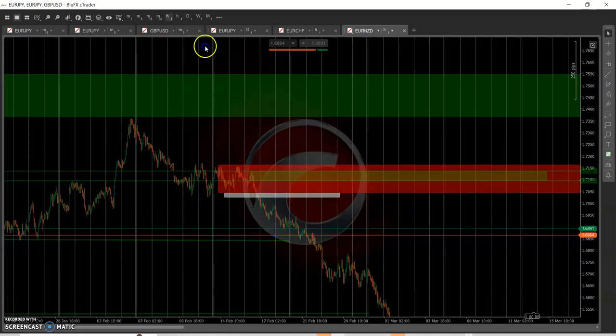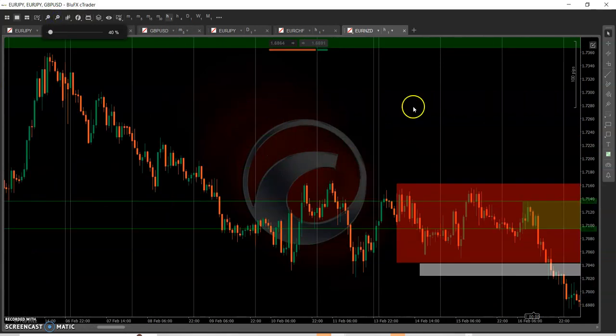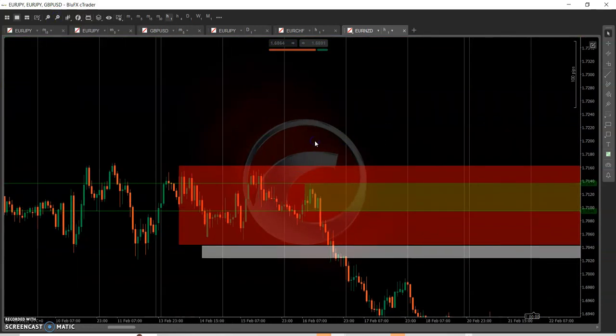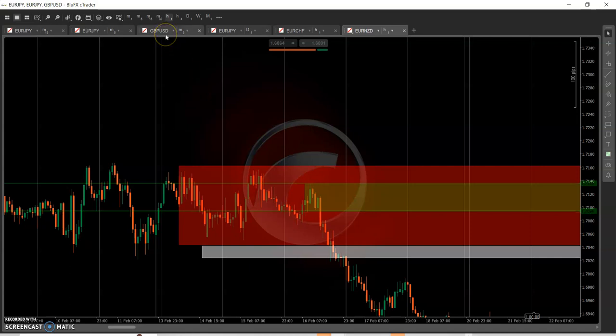So let's see. Zoom in. Okay, we have this one, which is nice. Reducing the stop loss we get, right? Reducing the stop loss, that's the aim of going into a lower time frame for the entry.